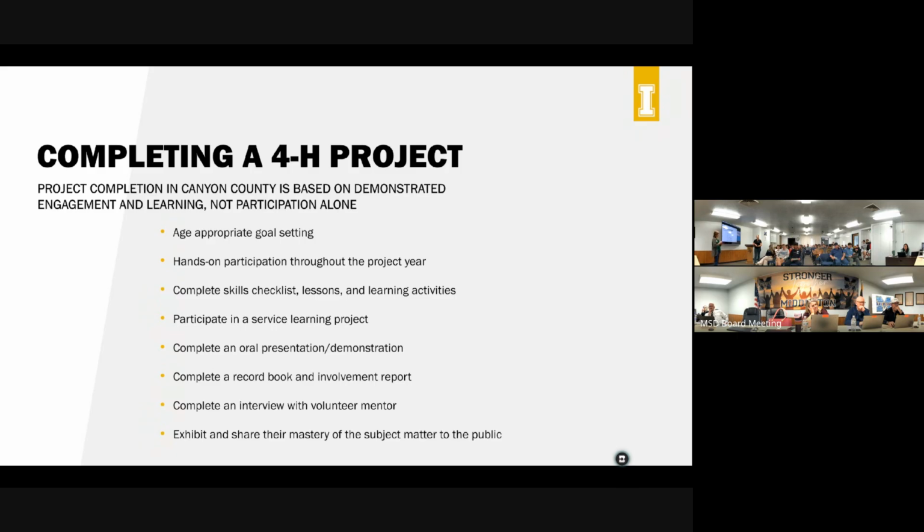You're actually going out there and getting your hands dirty and doing the work to learn what these projects entail from start to finish. They have to complete a checklist where at least 5 lessons a year they have to participate in. Again, those oral presentations, the record book, involvement reports, those are just resume builders for when they're applying for college scholarships or jobs in the future.